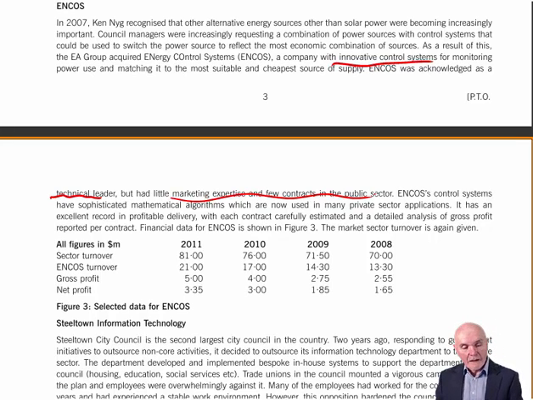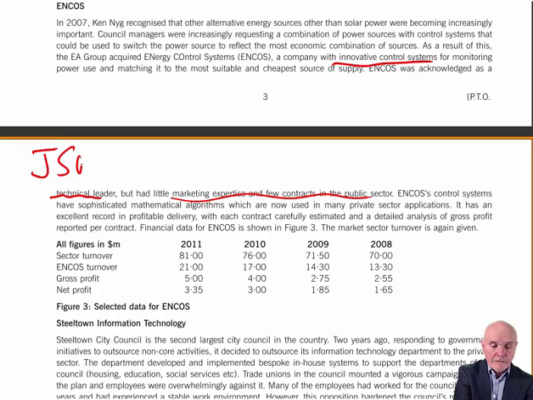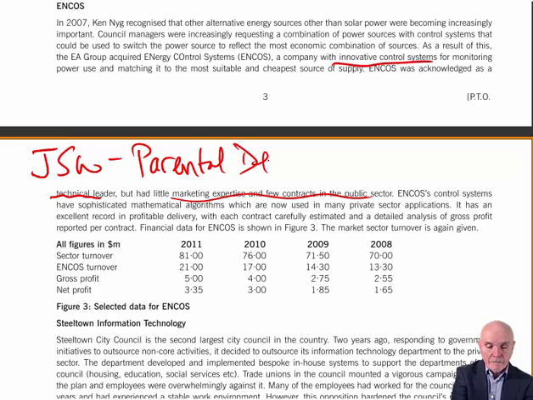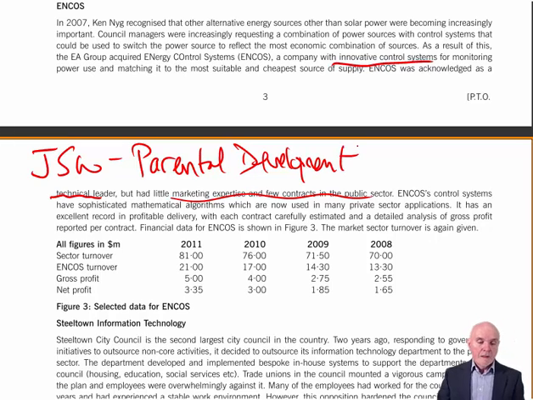Now, it's interesting. This is absolutely perfectly set up for the other kind of portfolio management matrix, which is the Johnson, Scholes and Whittington, looking at parental development. Remember, there were three forms of portfolio management, I suppose.